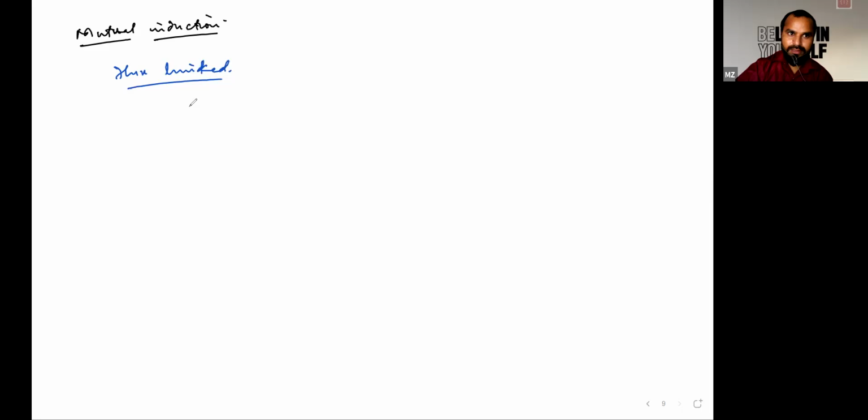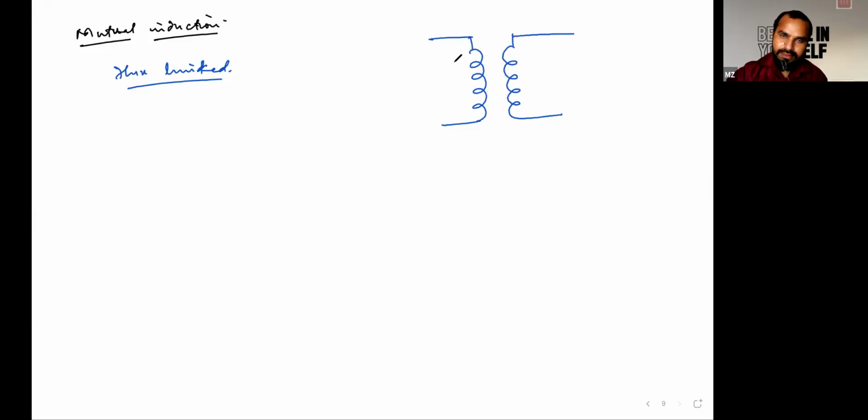But in this particular condition, we define their notation in which coil the flux is changing with respect to which one. Suppose you have one primary coil like this, and due to this particular coil, there is induction in the secondary. So we take this particular to be 1 and take this particular to be 2. So this would be your primary and this would be your secondary.